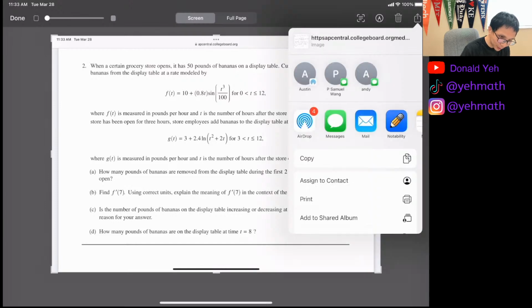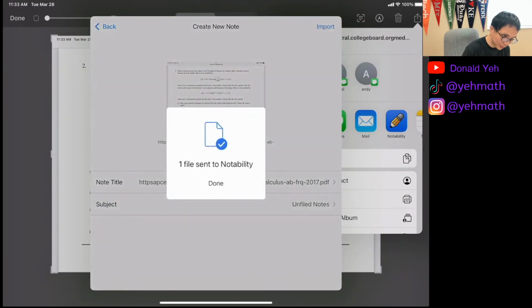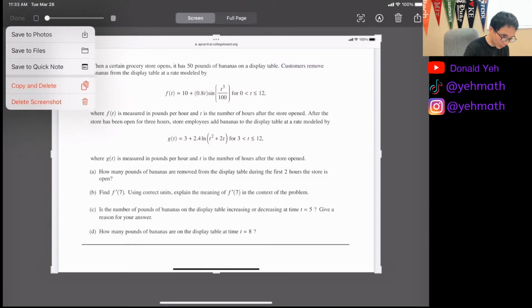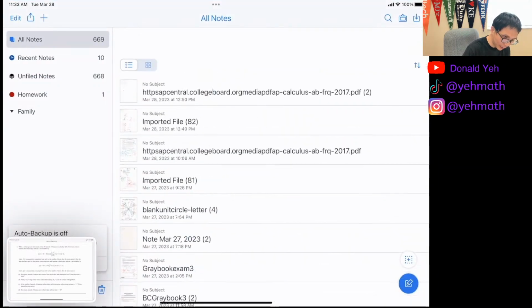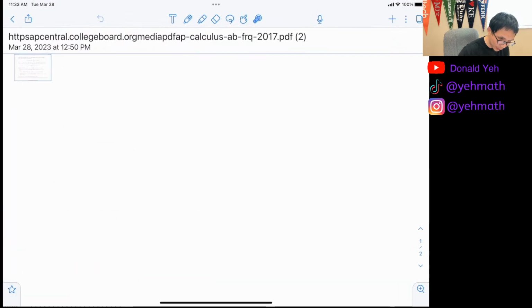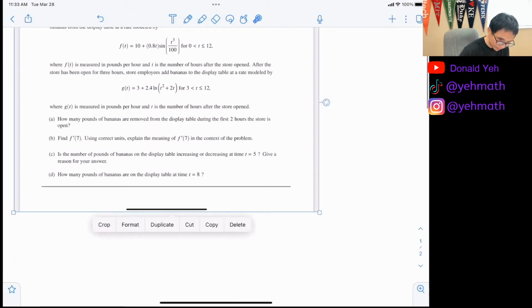All right, let's look at this question. I'm going to import to Notability, create new notes, import, done. First thing, I want to talk about what you need to pay attention to in the calculus section. Especially those of you who take AP Physics, please make sure you change your calculator setting to radians.